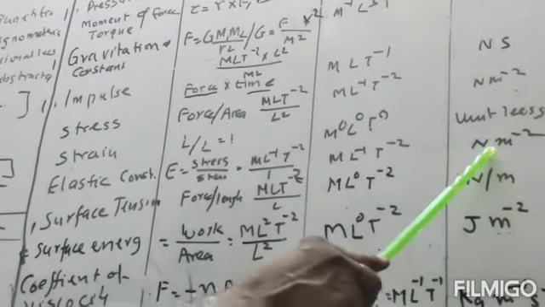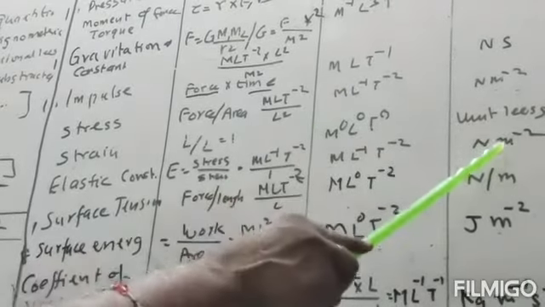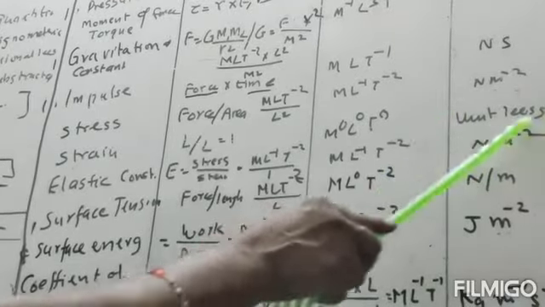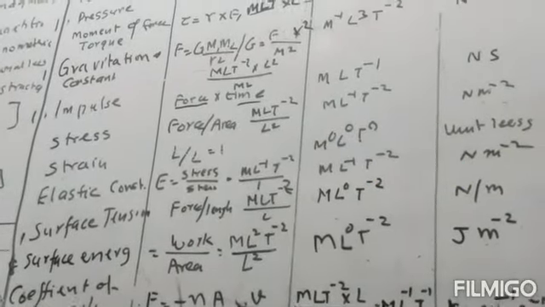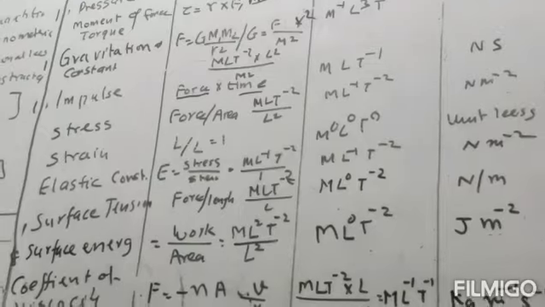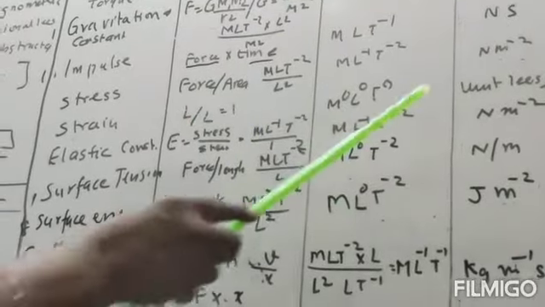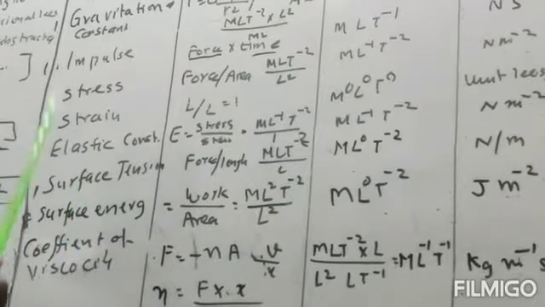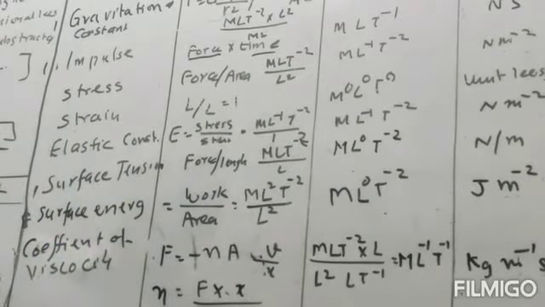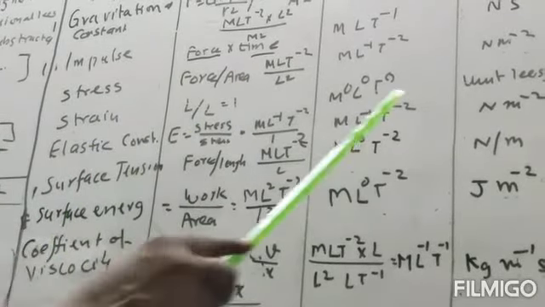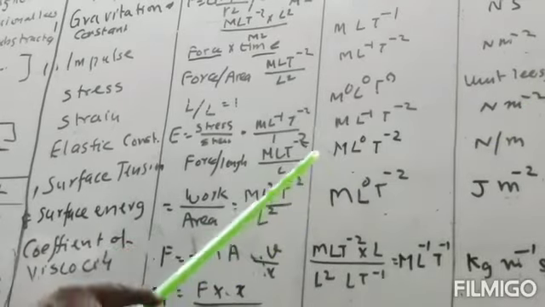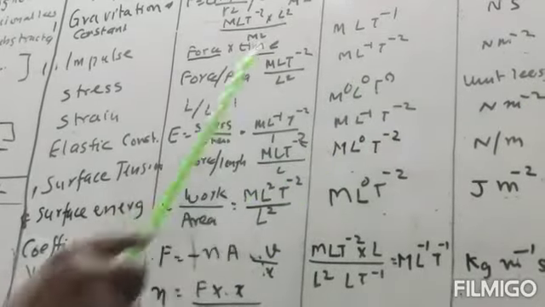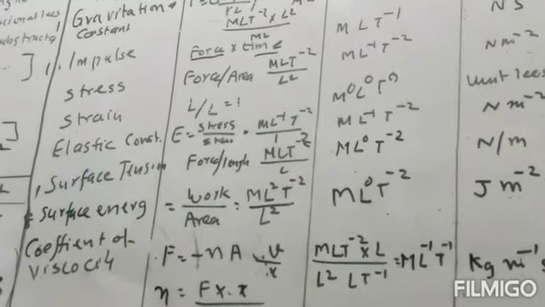The unit of stress will be the same as that of the elastic constant, because the strain is dimensionless. So the unit of stress and the unit of the elastic constant are the same, Newton per meter square, and the dimensions are ML^-1 T^-2 for both.